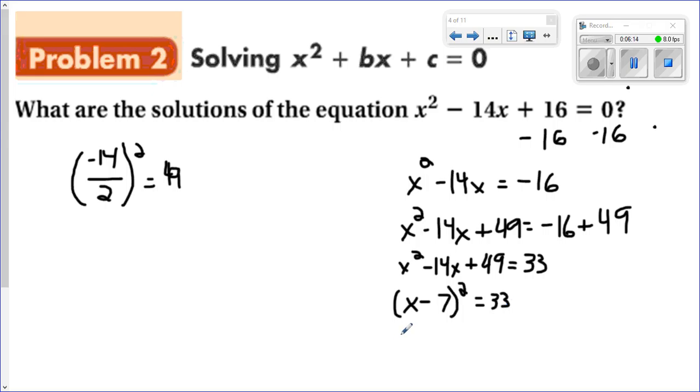Now, we take the square root of both sides, and we get x minus 7 equals plus or minus the square root of 33. And the square root of 33 is approximately 5.74.